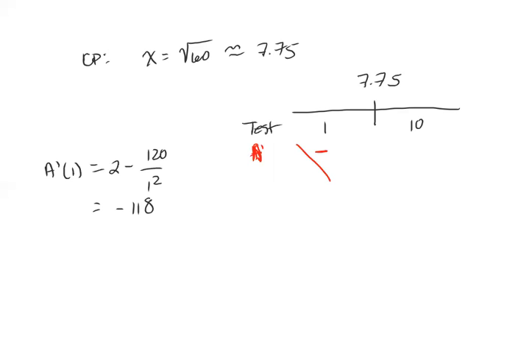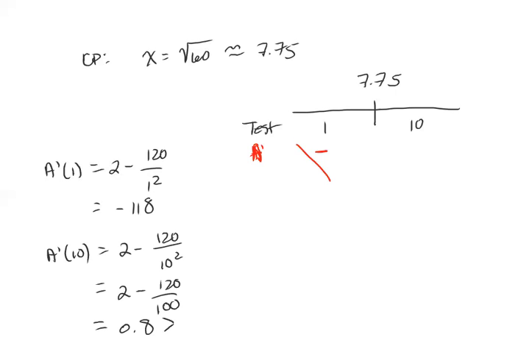I can test the other interval as well. A prime of 10 is equal to 2 minus 120 over 10 squared, which is equal to 2 minus 120 over 100, which is equal to 0.8, which is positive. All I really care about is that it is a positive value.